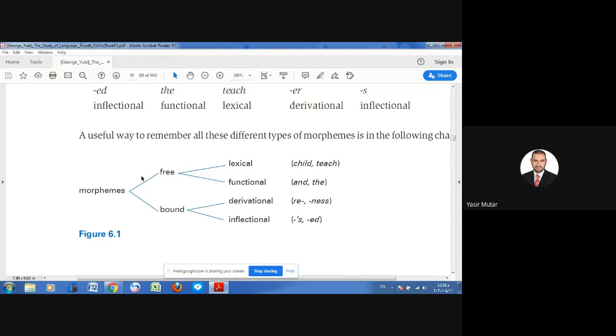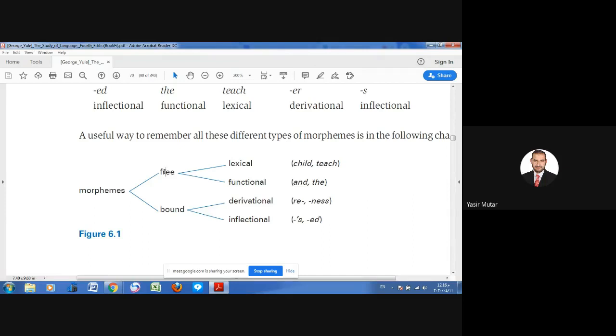We have just discussed this when we talked about the inflectional morphemes. We classified morphemes into two main types: free morphemes and bound morphemes.